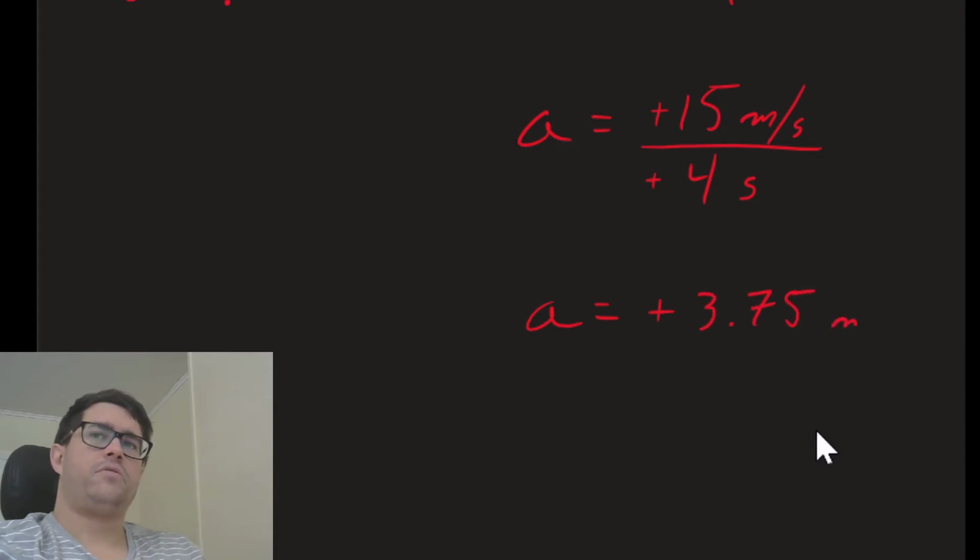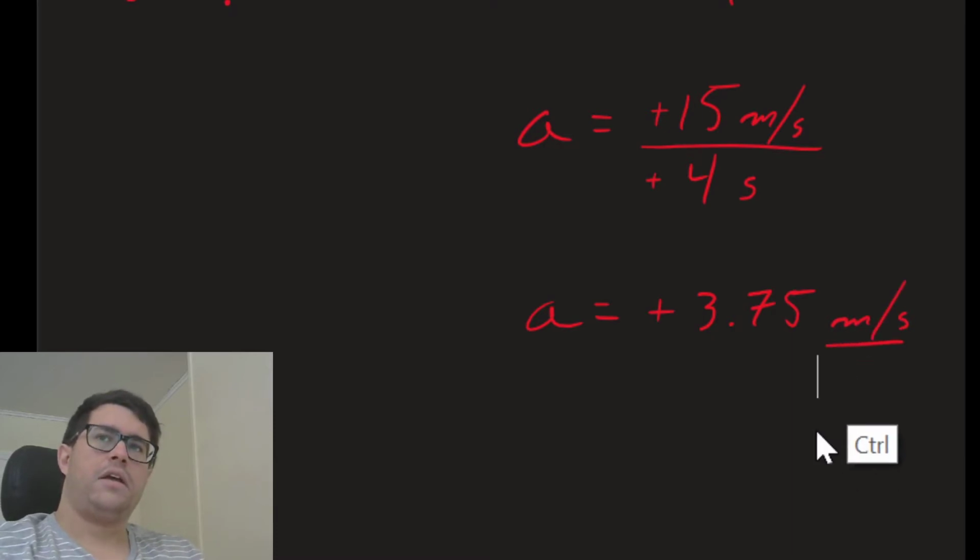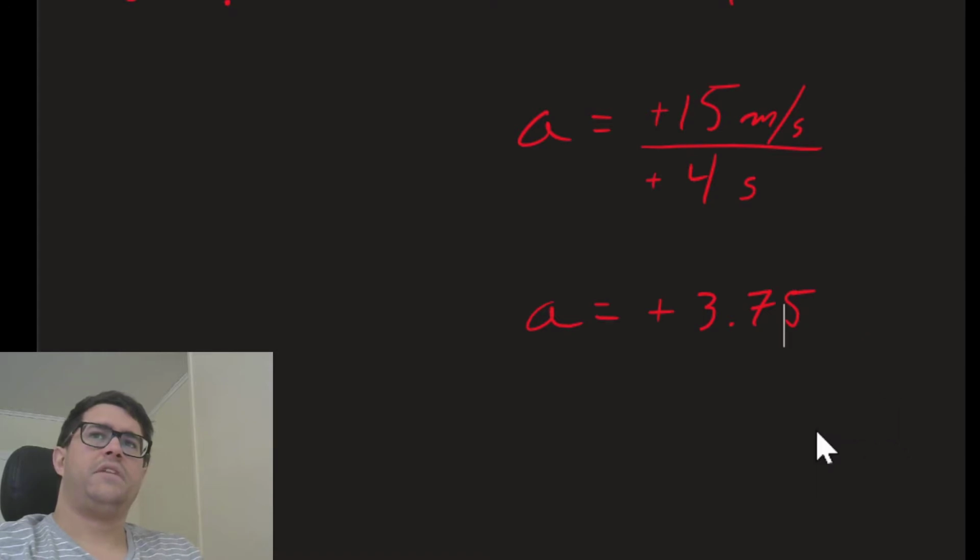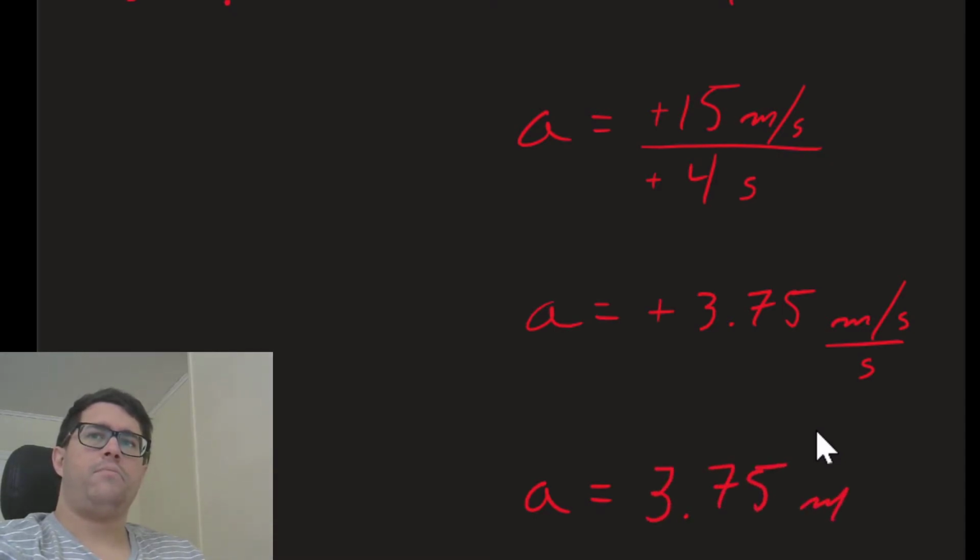And the units just follow along. Meter per second per second. In our case, we understand that it's just an example. So then the final answer, so you could skip that part. The plus doesn't need to be there. We know it's a positive value. 3.75 meter per second square. And that's going to be the final answer.